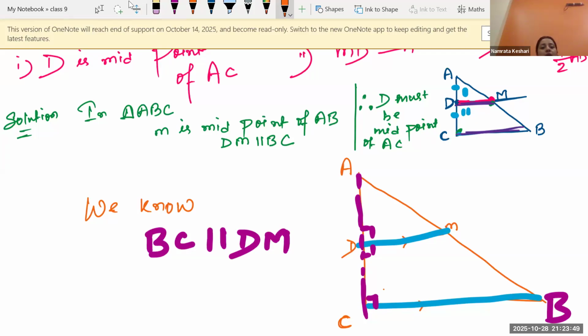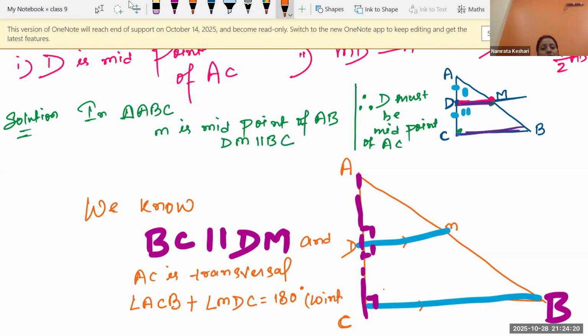If these two are parallel and AC is a transversal, then angle C, the complete angle C, you can write as angle ACB plus angle MDC added together will be 180. Co-interior, yes or no? Interior angles on the same side of the transversal, right? Yes, ma'am. And one of them is 90 degrees, then the other one will be 90 degrees.